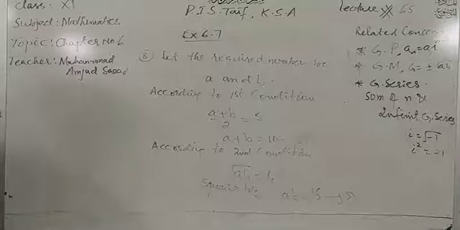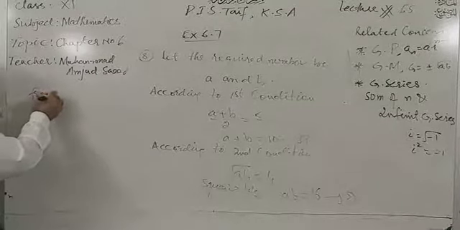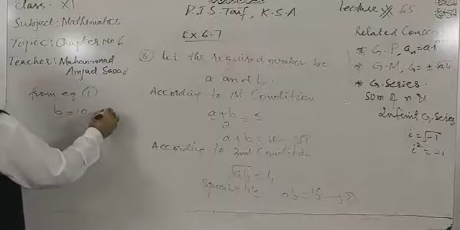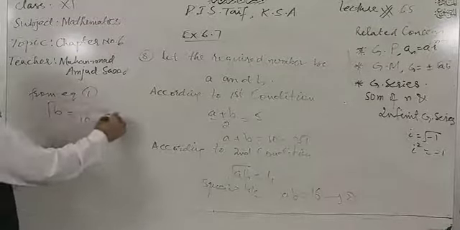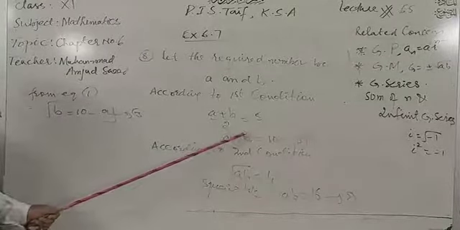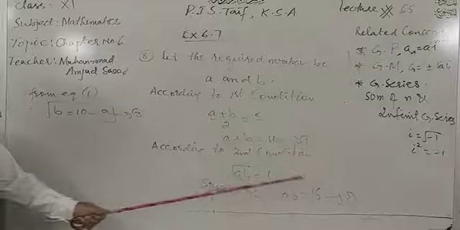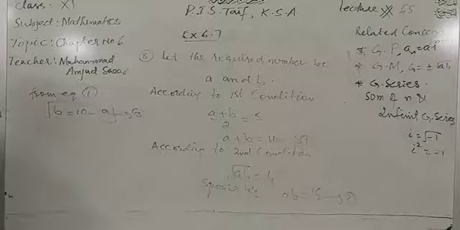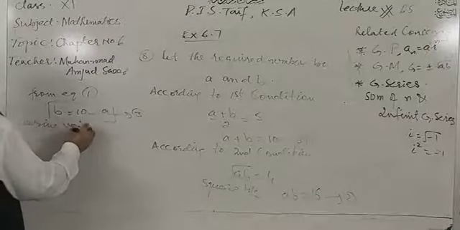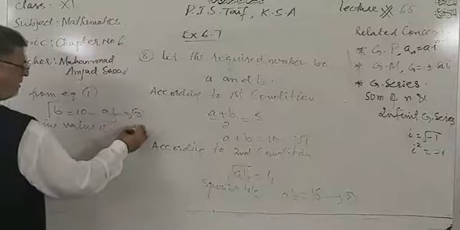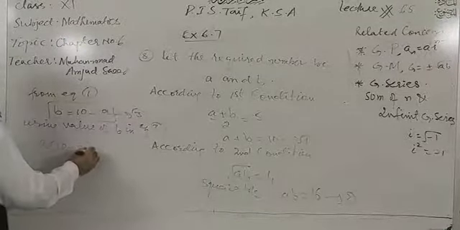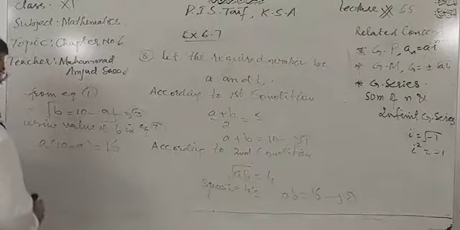Dear students, from equation 1, B is equal to 10 minus A. This can be taken as equation number 3. Put this value of B in equation 2: A into (10 minus A) is equal to 16.